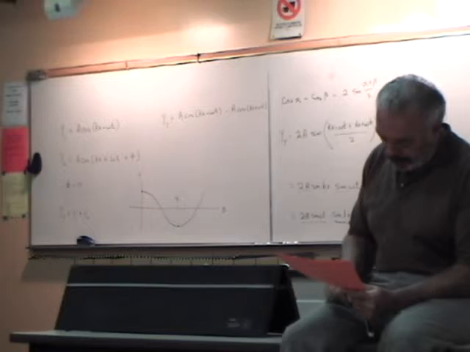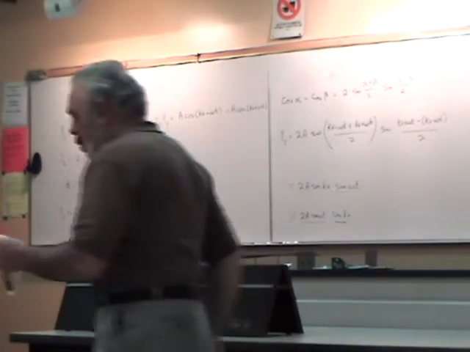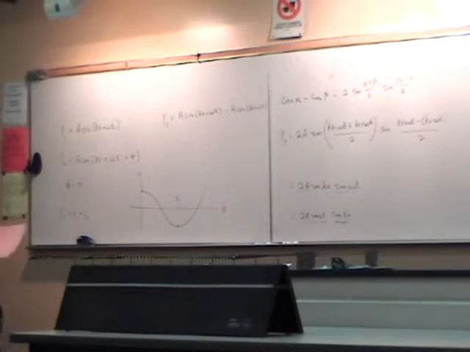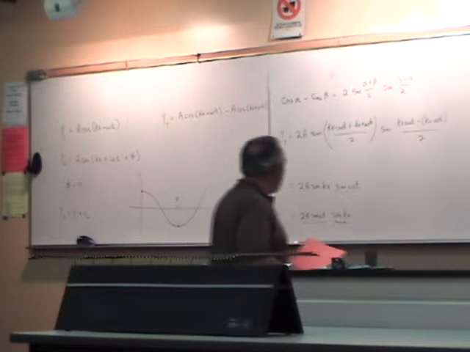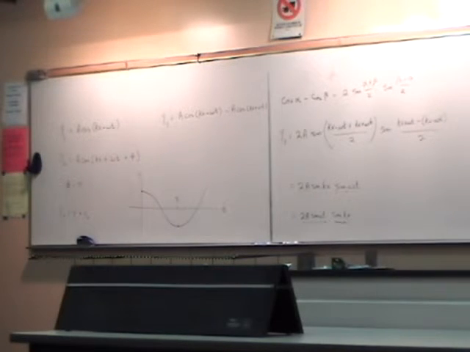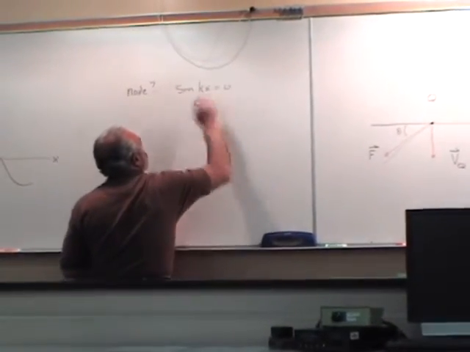Okay, called nodes. This is where do you get a node? You get a node in our diagram here when sine kx equals 0. Okay, so node. Where do you get a node? It's where sine kx equals 0.